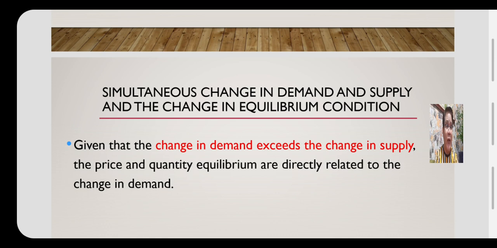We're talking already about what will happen to the prevailing price of the commodity in the market, given that there is a change in both the demand and the supply.